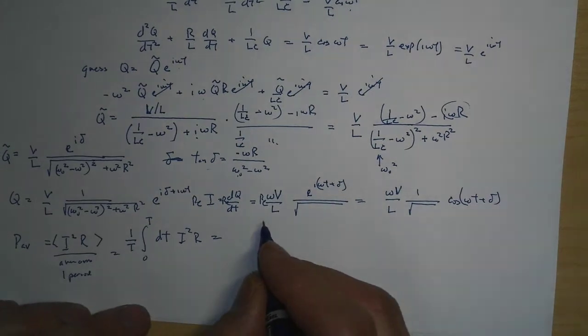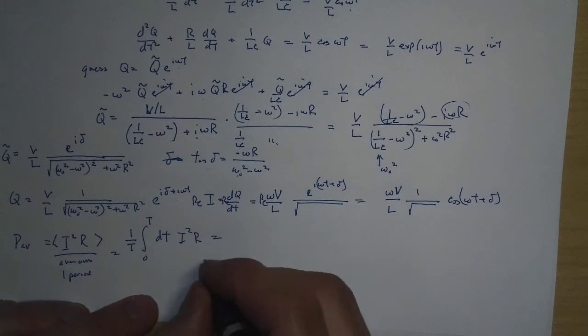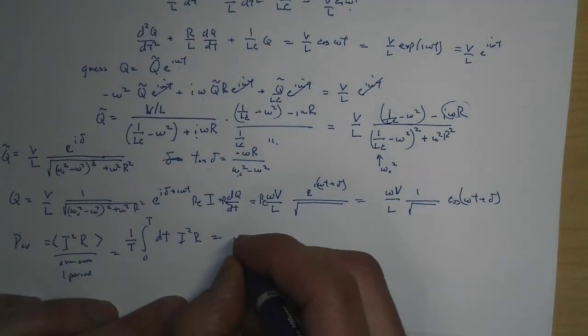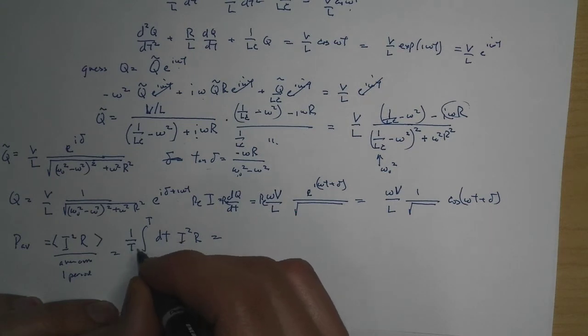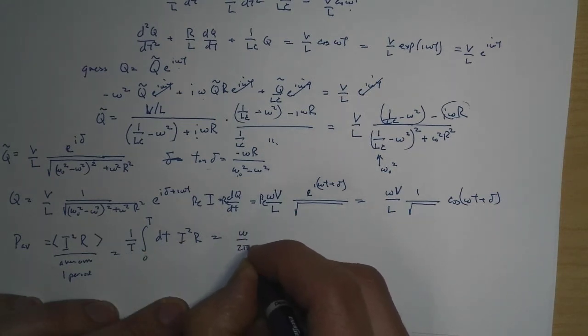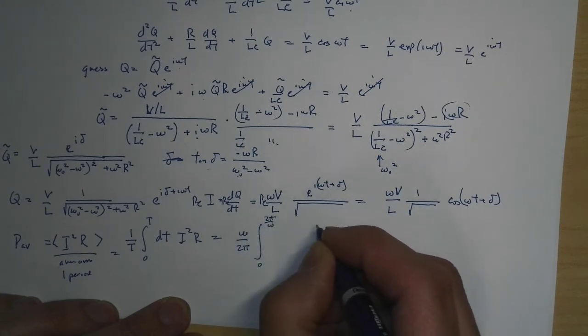Let me make sure I get everything right. Everything looks good. Okay, so let's plug everything in. So 1 over the period is the frequency, which is omega over 2 pi, integral from 0 to 2 pi over omega.